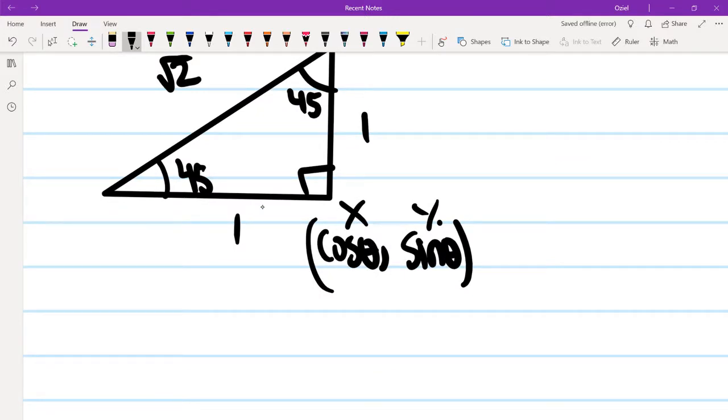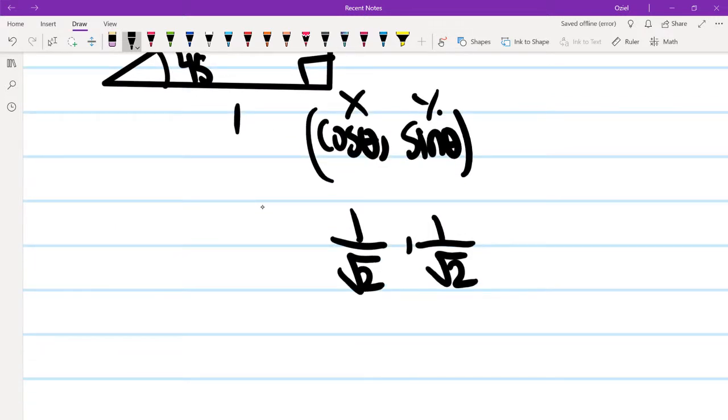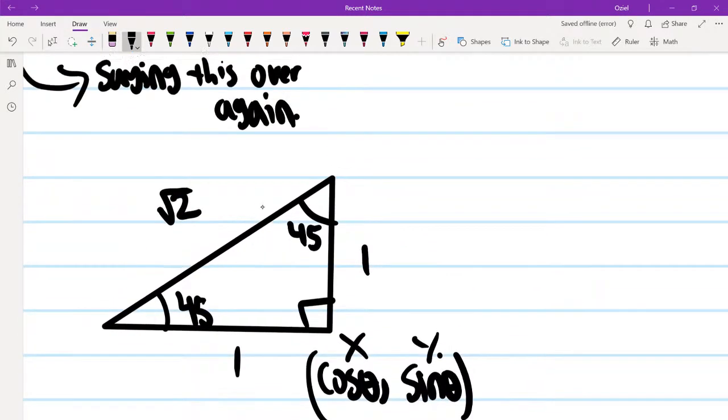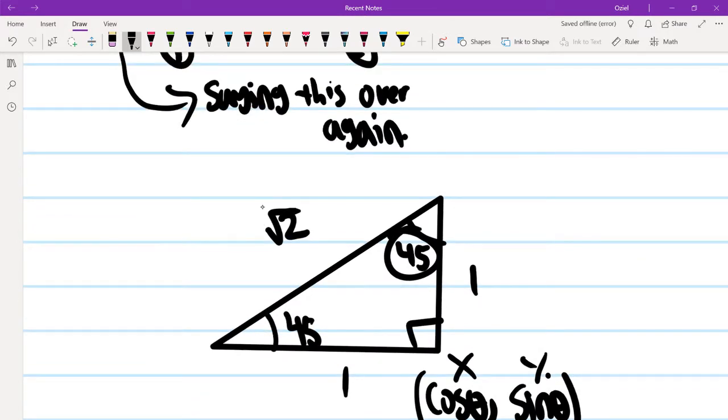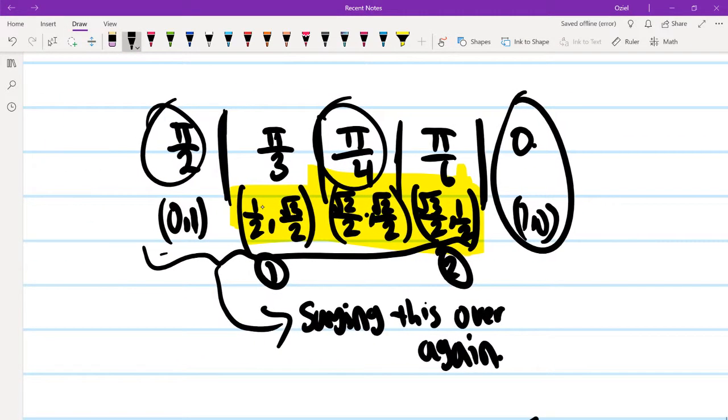Cosine of theta is going to be adjacent over hypotenuse, so you would say 1 over the square root of 2, comma 1 over the square root of 2, and so you would say the square root of 2 over 2, comma square root of 2 over 2, and that's how you would memorize it for a 45-degree angle, which is this.